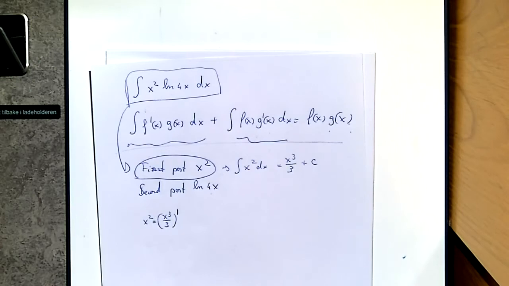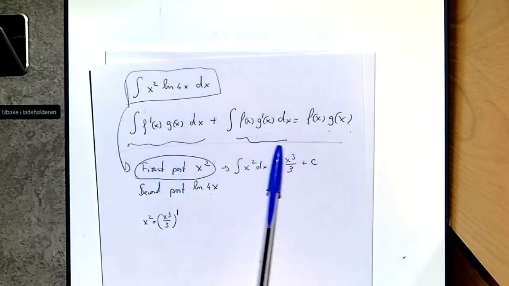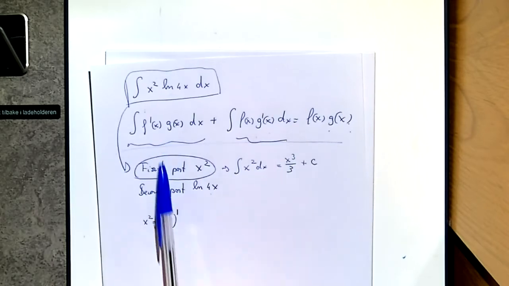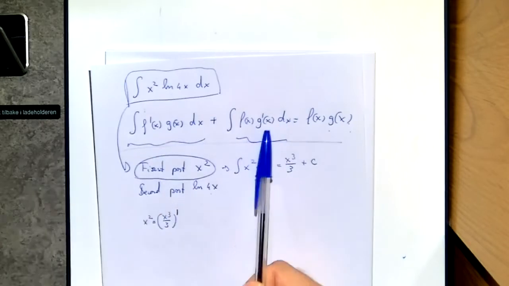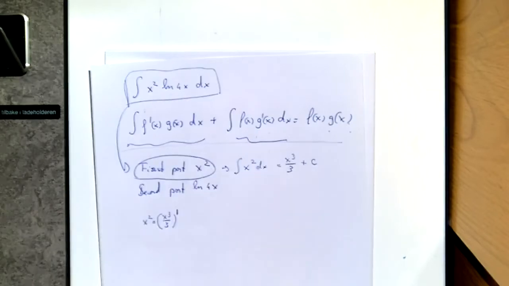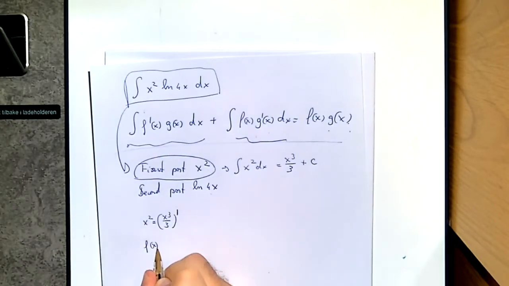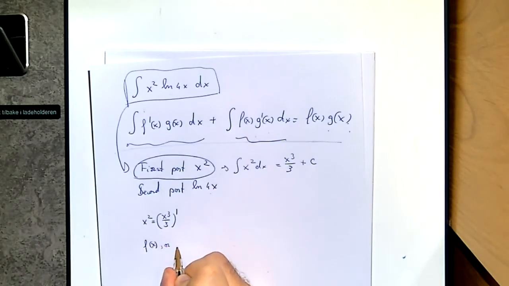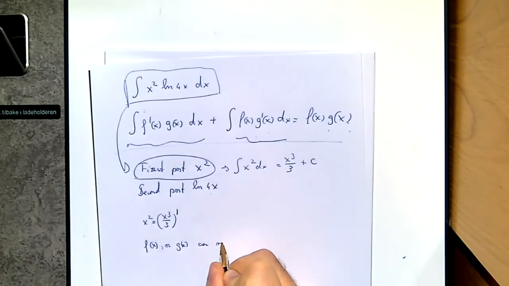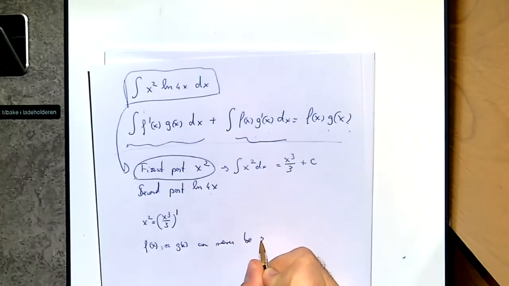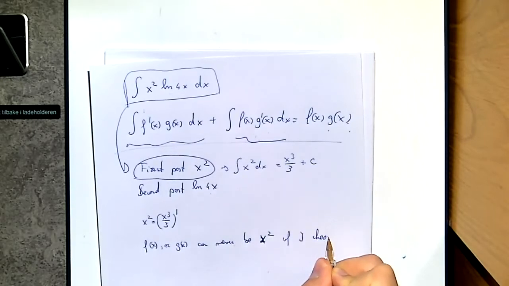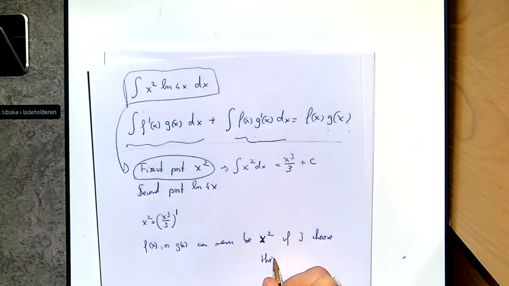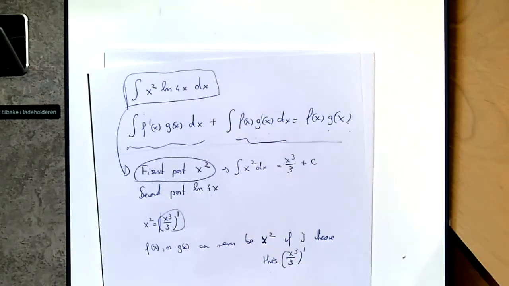And if you look inside the formula, the function that the derivative is taken of, my f of x or g of x, can never be x squared if I choose this, if I choose x to the third over 3 as the function being differentiated.